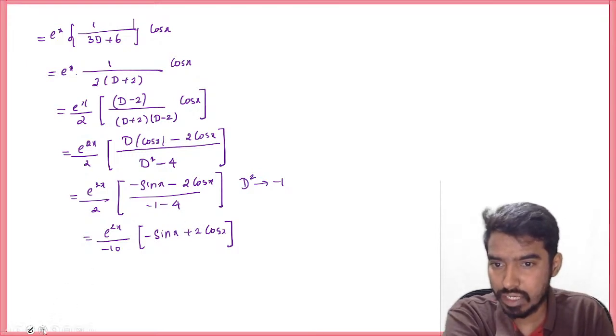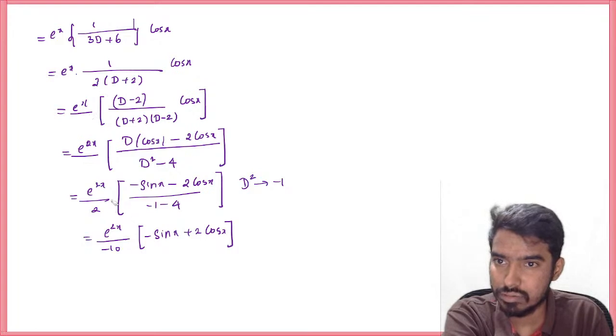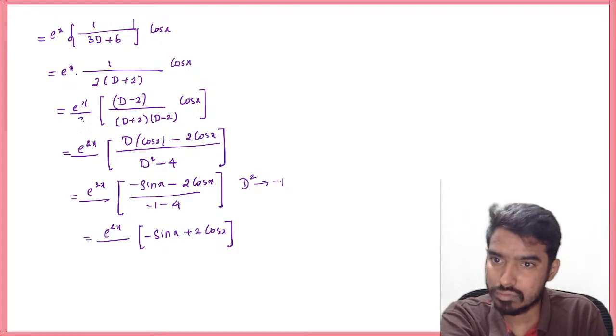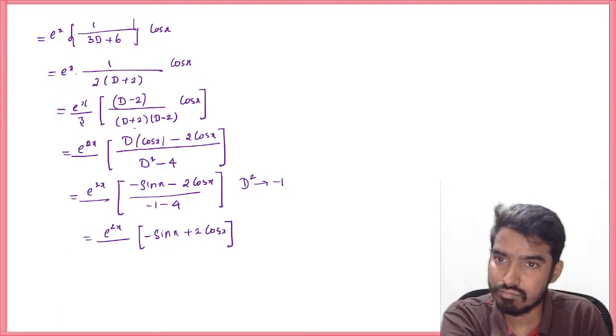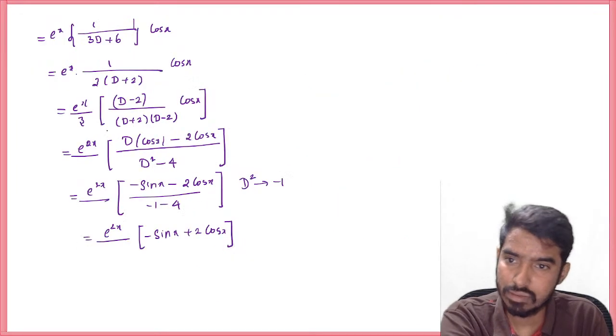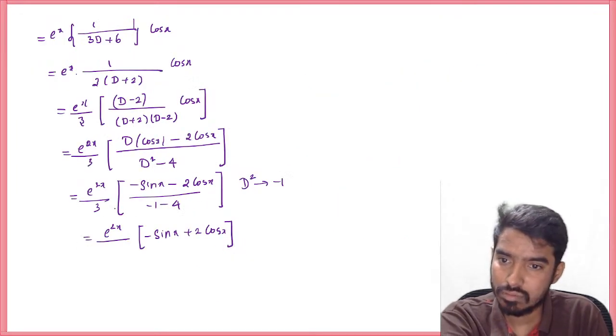Okay, you have to take 3 common, right? It will be 1 by 3, and that would be minus 15.